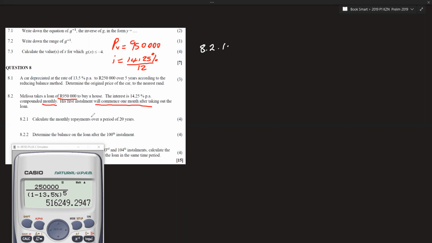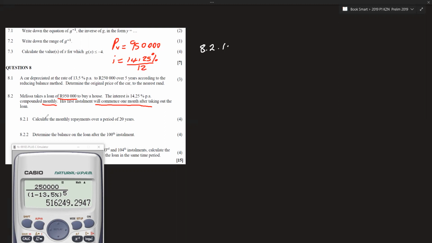So this is just the normal present value annuity. If you take a loan today, the bank doesn't expect you to pay today, but they expect you to pay a month after you take the loan. If your agreement is to pay monthly, that makes sense. If your agreement is to pay quarterly, they expect you to pay a quarter after you take the loan, and so on.